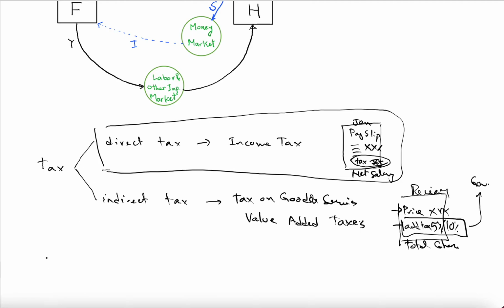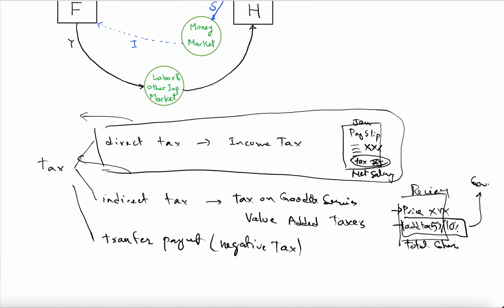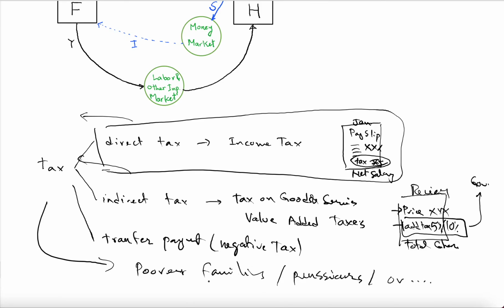There is also transfer payment. This is like negative tax, because tax is when the government collects the money, and transfer payments is when the government pays to poorer families, pensioners, or any group without working, and the welfare payments.